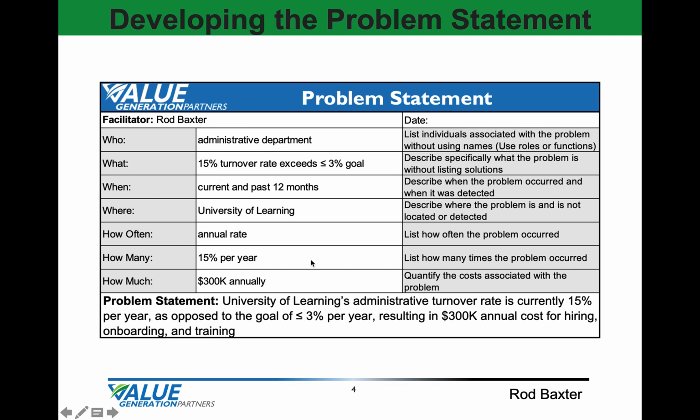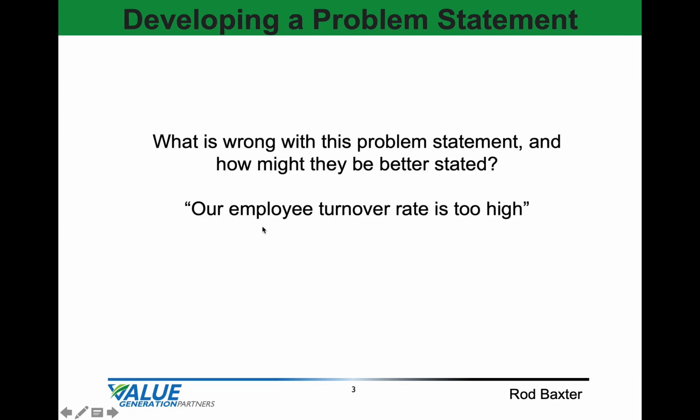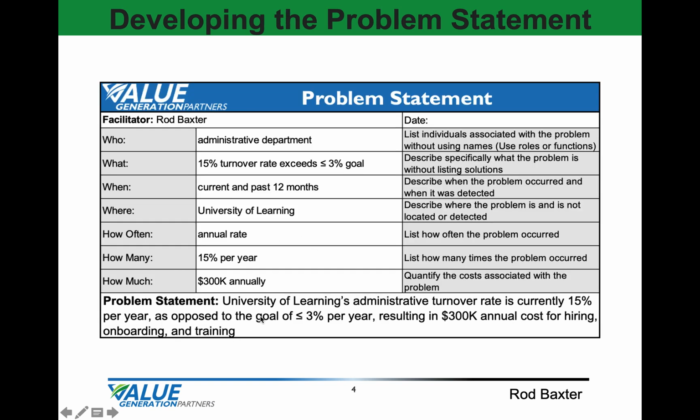So now can we develop a problem statement that would look much better than "our employee turnover rate is too high"? So let's look at this problem statement. University of Learning's administrative turnover rate is currently 15% per year as opposed to the goal of less than or equal to 3% per year, resulting in $300,000 annual cost for hiring, onboarding, and training.